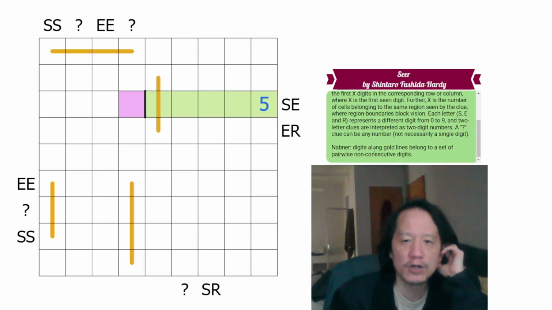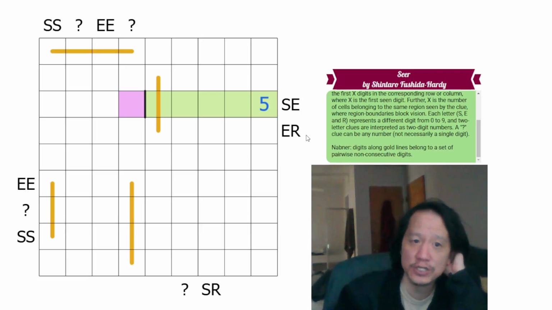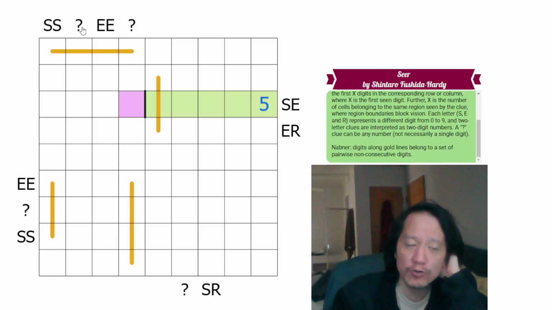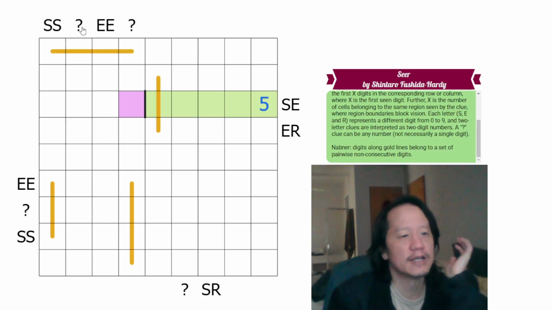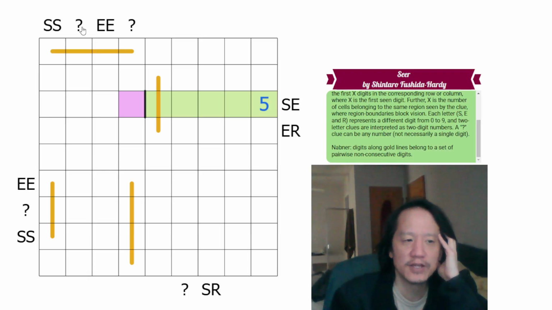A question mark clue can be any number, not necessarily a single digit. So this question mark could be any number, period. It could include anything that's two digits.